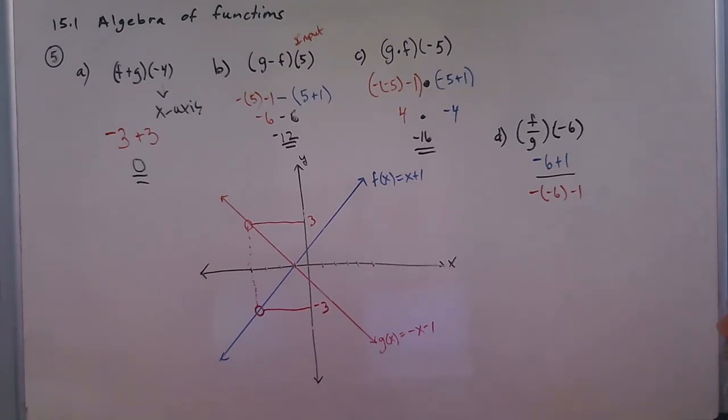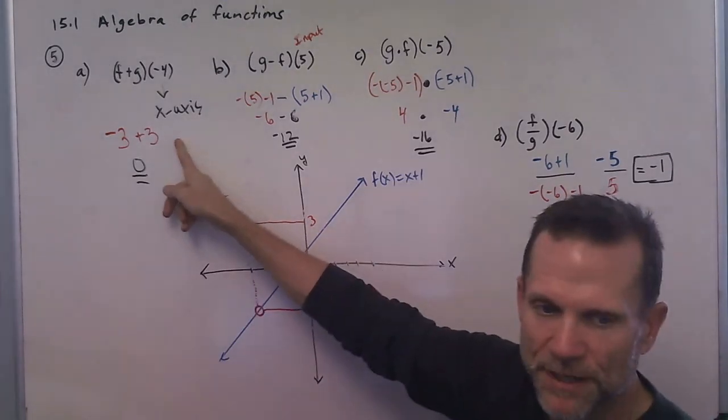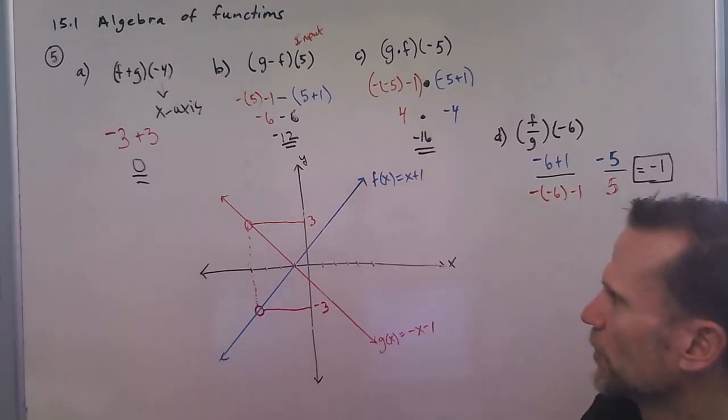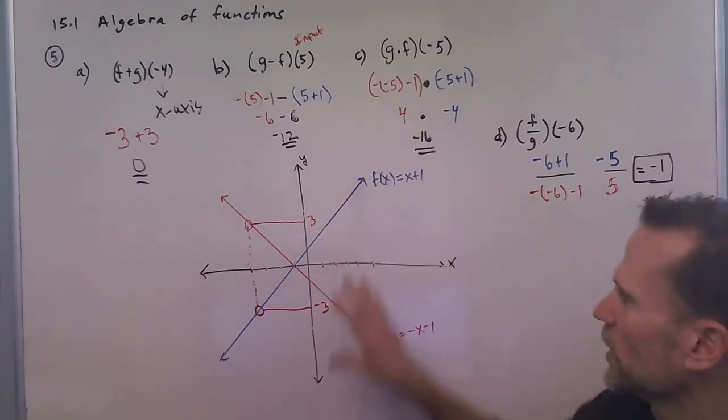I get -5 over, careful with your signs here, that's -6 minus 1 is -7, so I get over -7. And then we can do this division here, and we get -1. All right. So that's the graphing method, and then we just use the good old substitution method that we learned on problem number 2 on these. Okay. So don't let the graph scare you off.